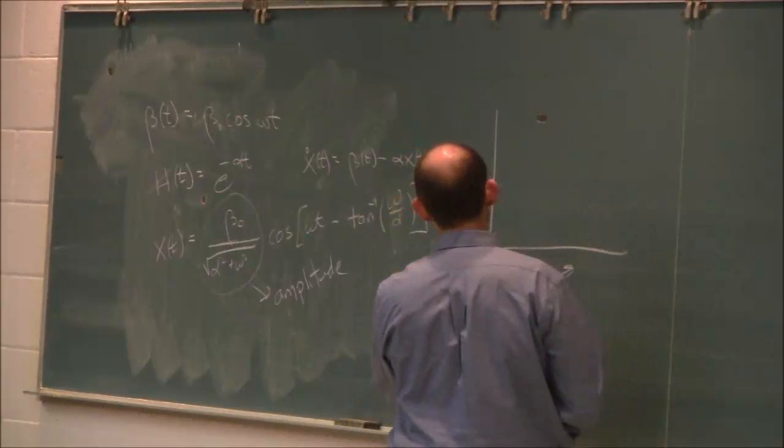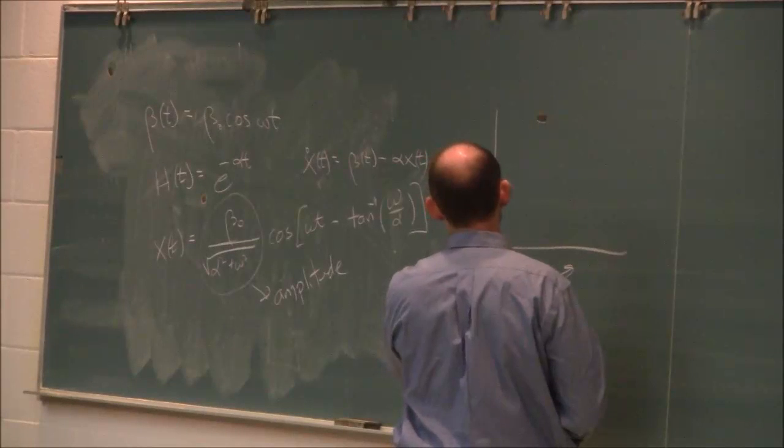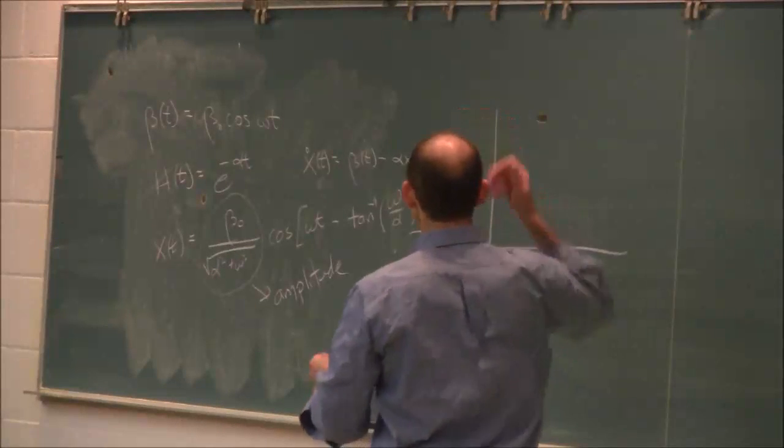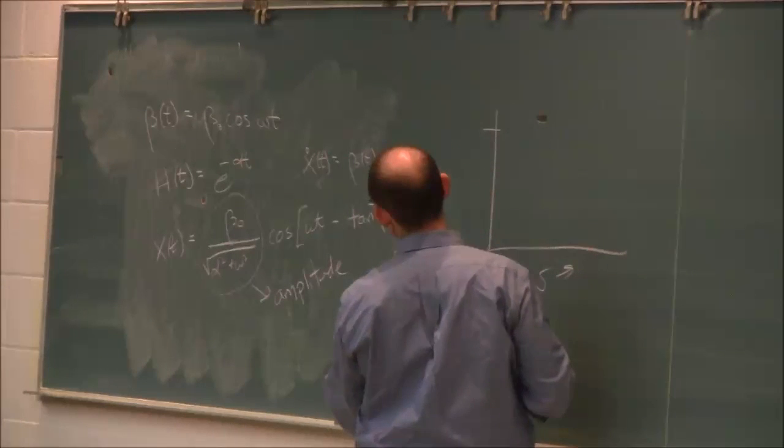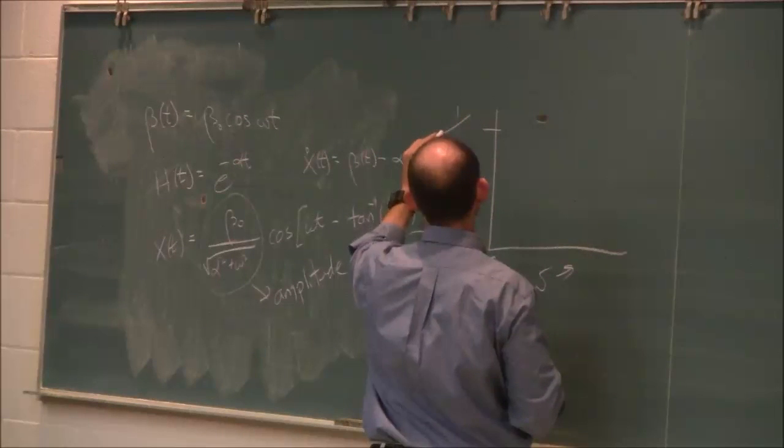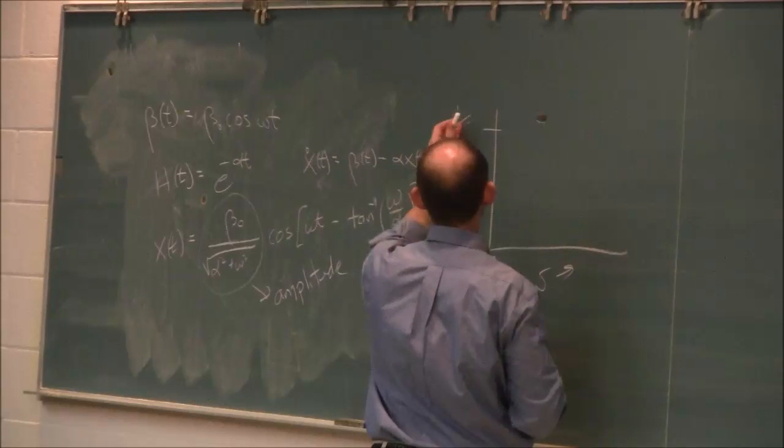For zero frequency, we expect to get some maximum value. So here, the maximum value would be 1 over alpha.